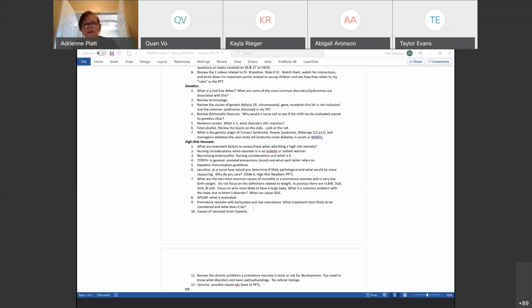Premature neonate with tachypnea and low saturations. Review who they're going to give, starts with an S. Surfactant. Surfactant decreases the surface tension in the lungs.